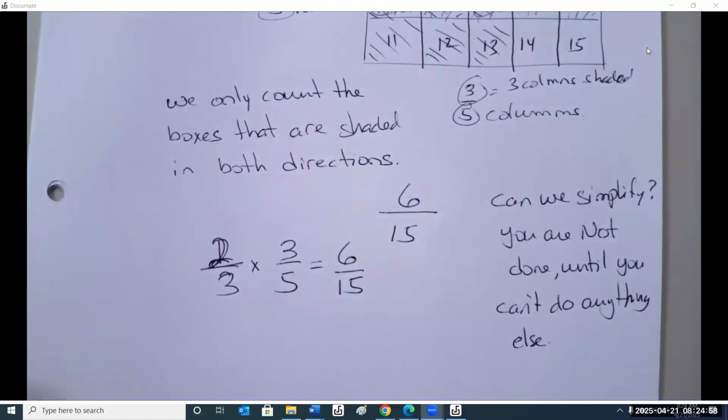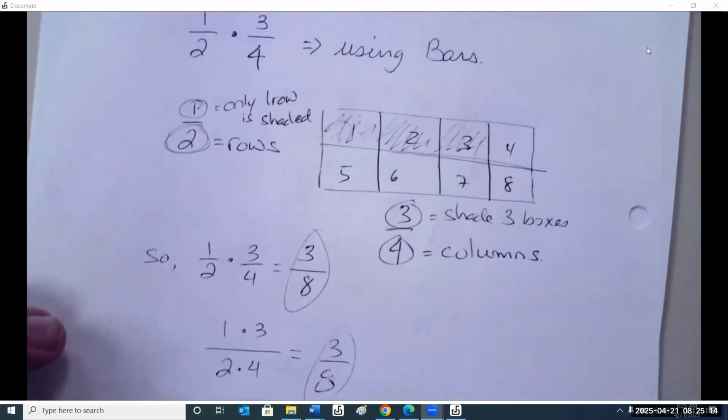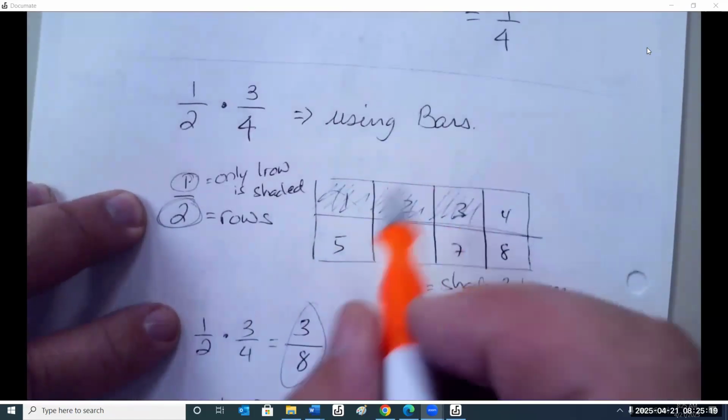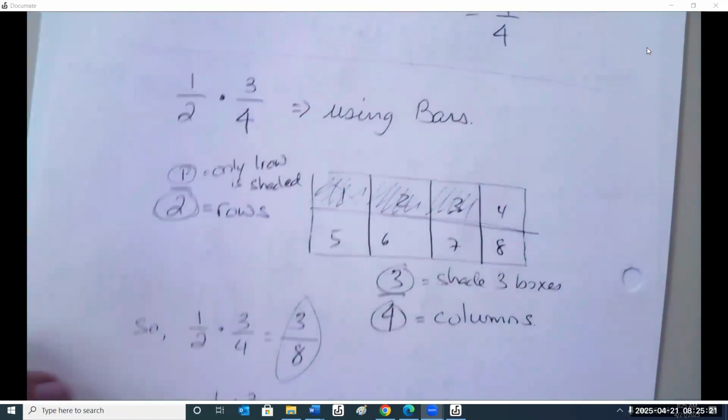Wait, I have a question. Yes. How come on the last example we did 1/2 times 3/4 and we only shaded 3 boxes, but on this example we're shading 3 whole columns? Why is it different? Actually, it's not different because we only shaded one. In essence, we did the same thing here. I'm just expanding the process now.